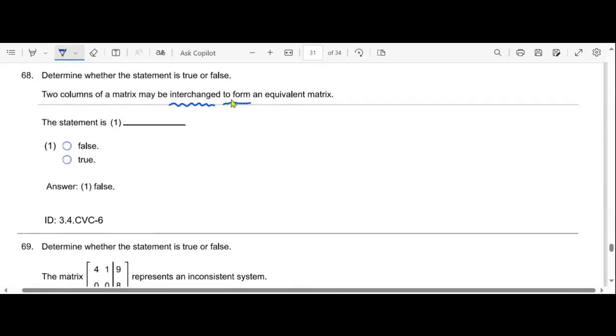What does "form" mean? Make. The statement is what? True or false? False. Why false? Because it cannot form. We work with two rows of a matrix, they may be interchanged, not the columns. Is this clear?